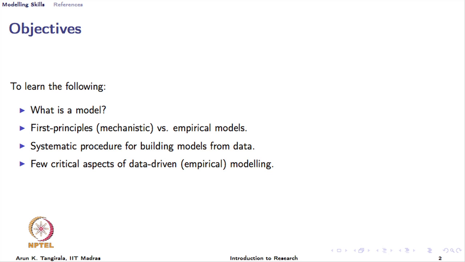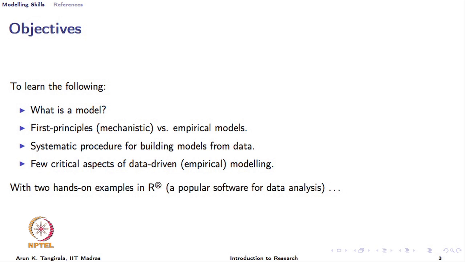What are the things to watch out for, how to go about handling certain aspects such as noise in data and overfitting, or doing the right kind of experiment and so on. And we will also embellish this lecture with a couple of hands on examples like we did in the last lecture on data analysis in R. I hope that after the previous lecture, you are familiar with R.